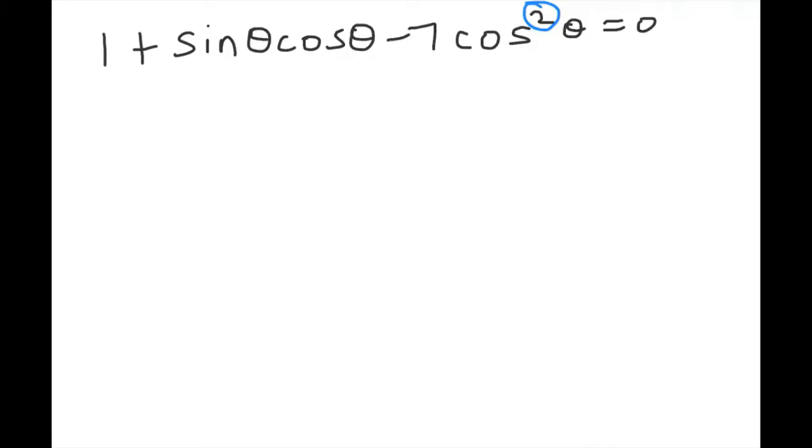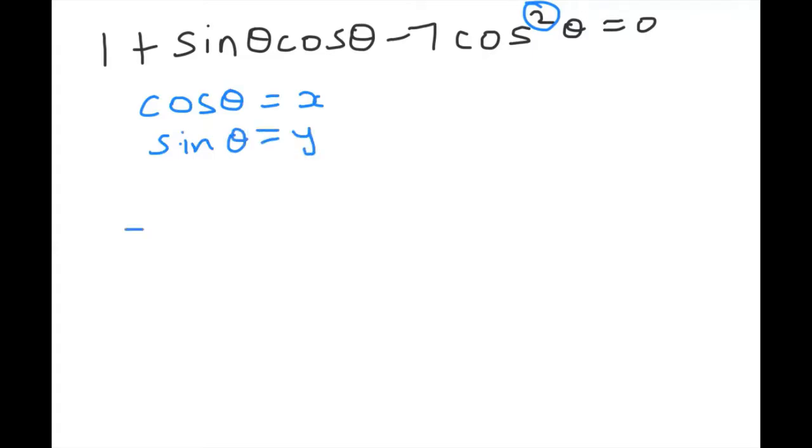Currently, we don't know how to do it yet, but if you just look at this, you can't really do anything. So what I'm looking at is to say, what if we say cos theta equals x and sine of theta equals y?